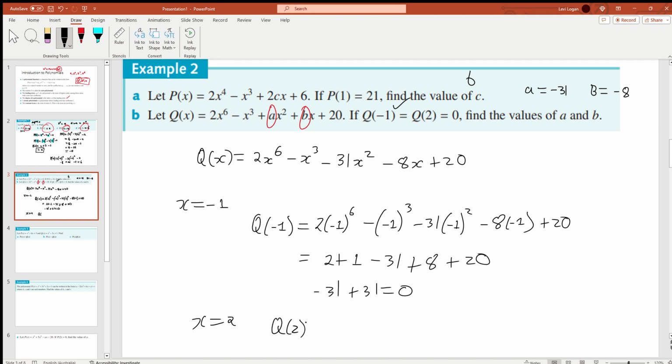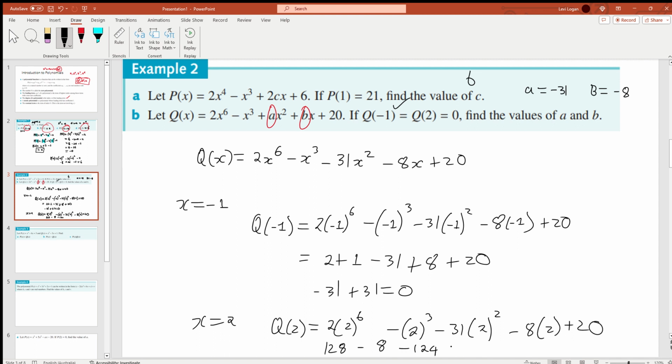So q of 2 gives me 2 times 2 to the power of 6, minus 2 cubed, minus 31 times 2 squared, minus 8 times 2, plus 20. So what we're going to get is 2 to the power of 6 times 2 is 128, so 128 minus 8. Then 4 times 31 is going to be minus 124, minus 16 plus 20.